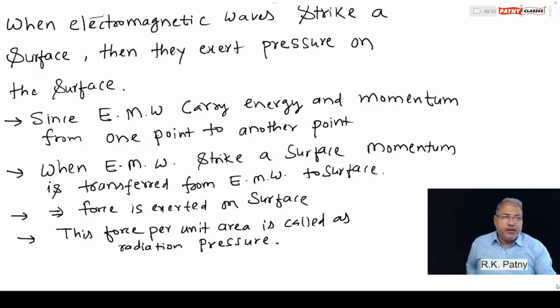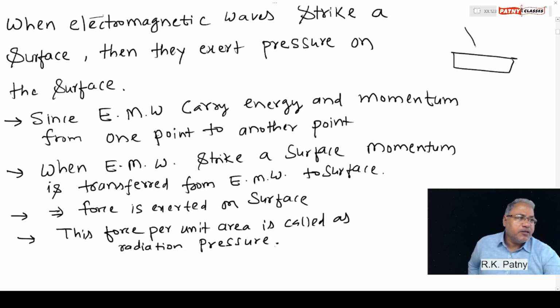Another important property is that whenever electromagnetic waves are incident on a surface, they exert pressure on the surface. How, when they are striking a surface, is this pressure exerted? It seems like a surprising action, but it is real that whenever electromagnetic waves strike a surface, pressure is exerted on the surface.